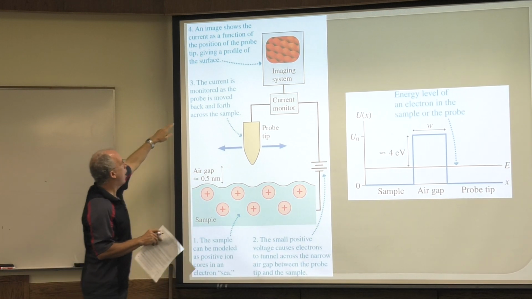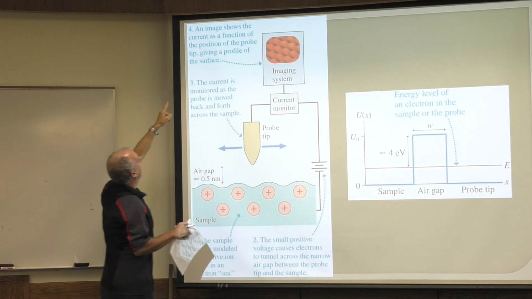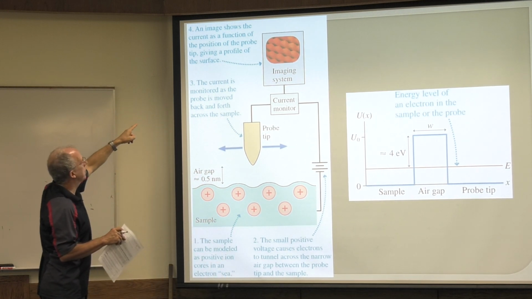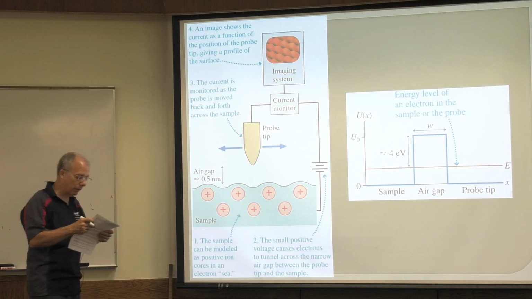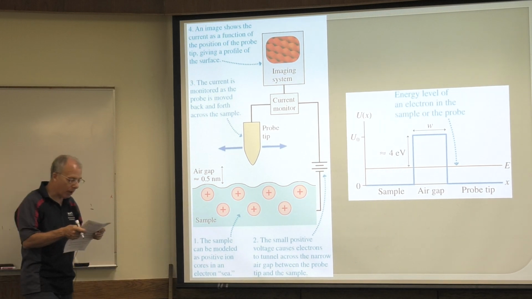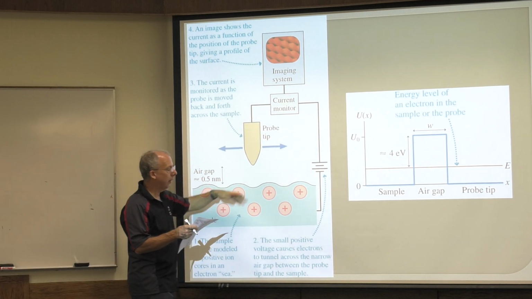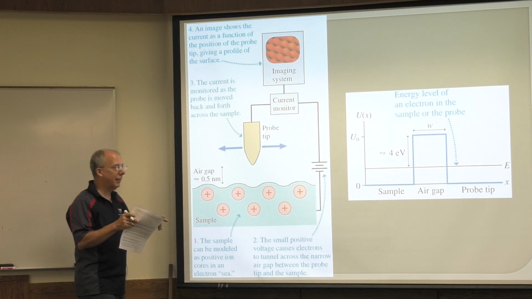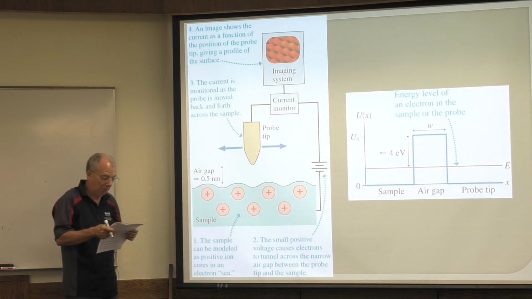The current is monitored as the probe is moved back and forth across the sample. And the image shows the current as a function of position of the probe tip, giving a profile of the surface. So basically, when the electrons tunnel, the current is established, and then the software is able to make an image of the surface.